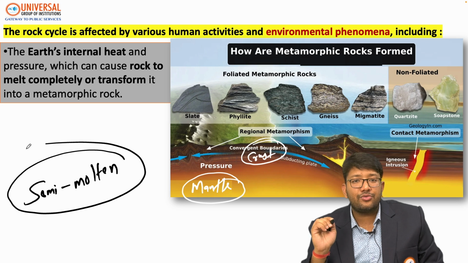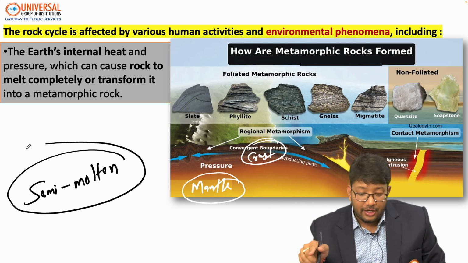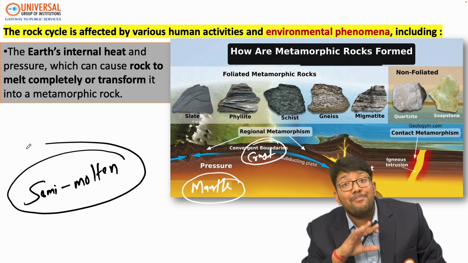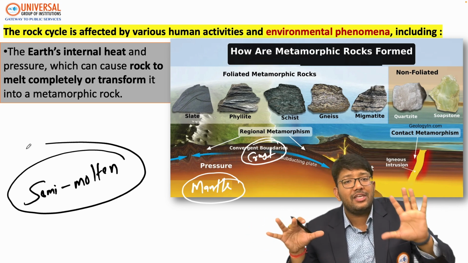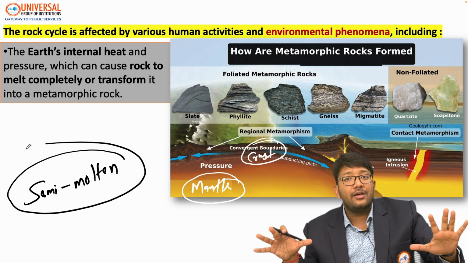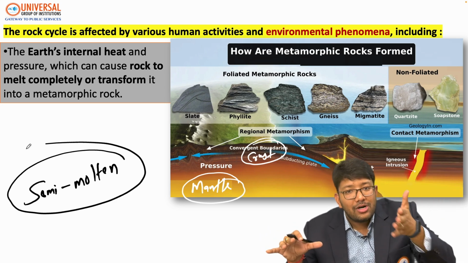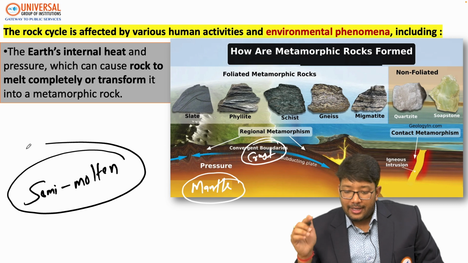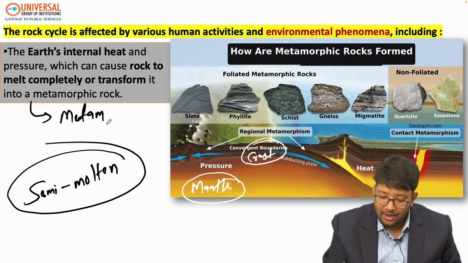Now what happens, students, because of the earth's internal heat and pressure, which can cause rocks to melt completely? Don't you think that the composition and properties of rocks will be totally transformed? That is called metamorphic rocks. So this particular process is called metamorphism.